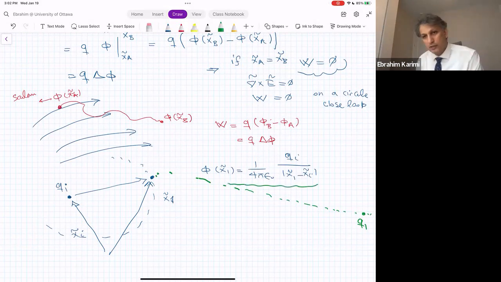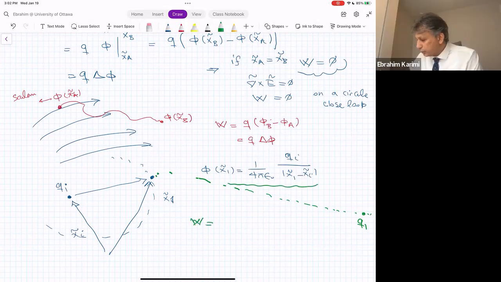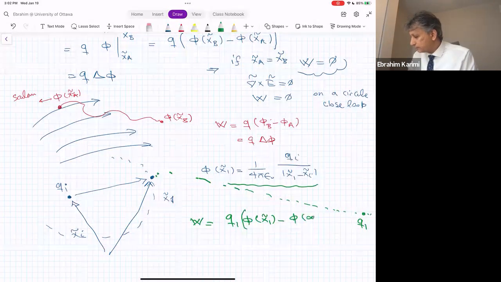Then the work that I have to apply will be Q1 times the potential at the position of x1 minus the potential at infinity, which is essentially 0.